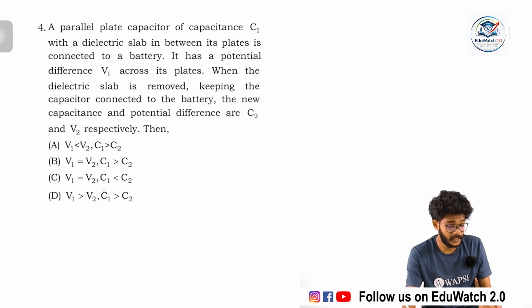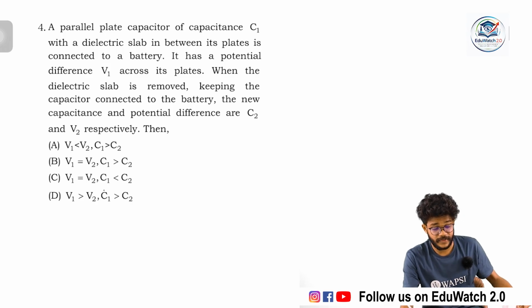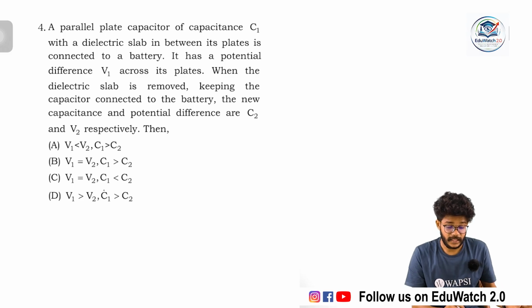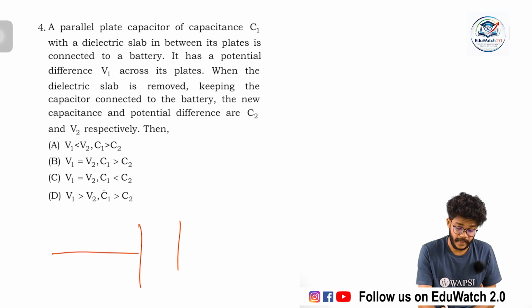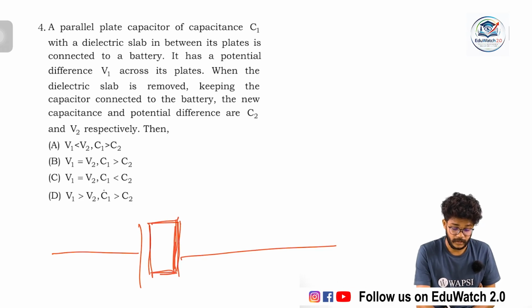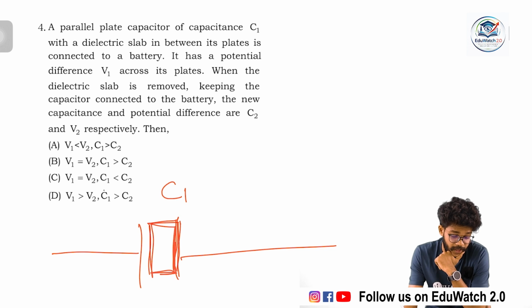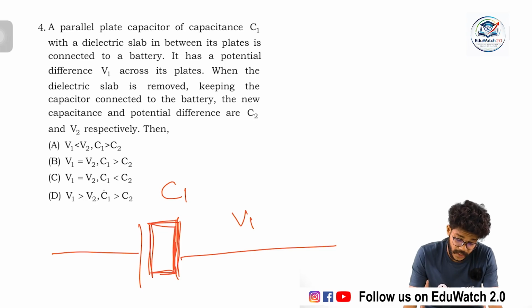A parallel plate capacitor C1 with a dielectric slab in between its plates is connected to a battery. So this is a capacitor with a slab of dielectric constant K placed inside it, and it is connected to a battery of potential V1. It has a potential difference V1 across its plates.